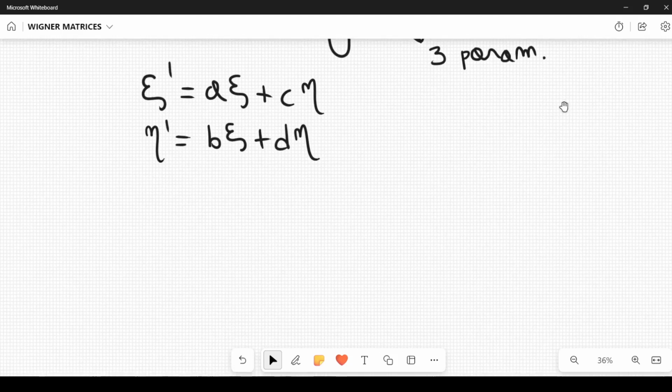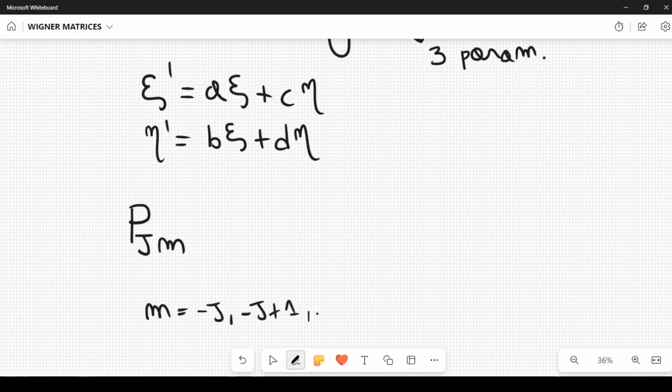And now I want to write down some polynomials of the following kind. Let me write down the expression p_jm. So the polynomials depend on two numbers, j and m, where m is equal to minus j, minus j plus 1, all the way up to j. So we have 2j plus 1 possibilities.